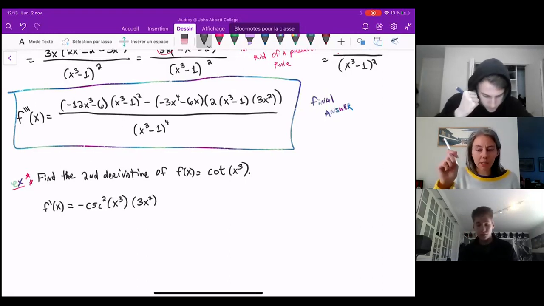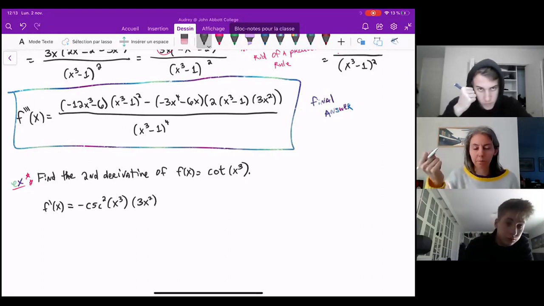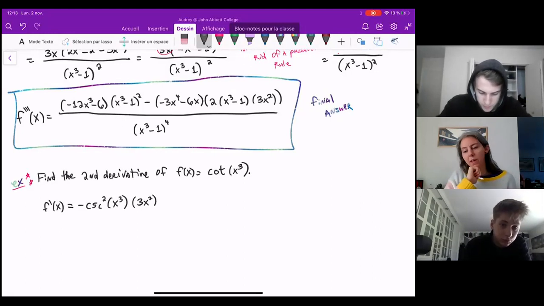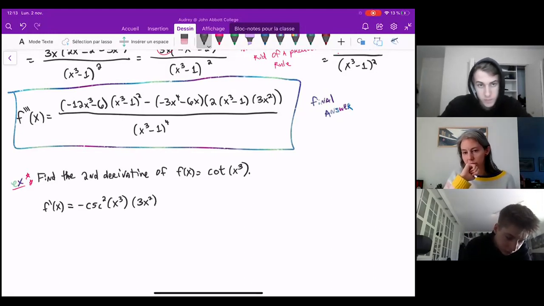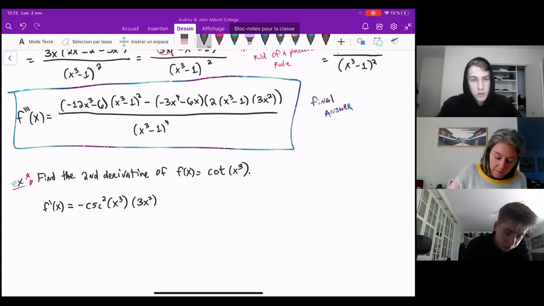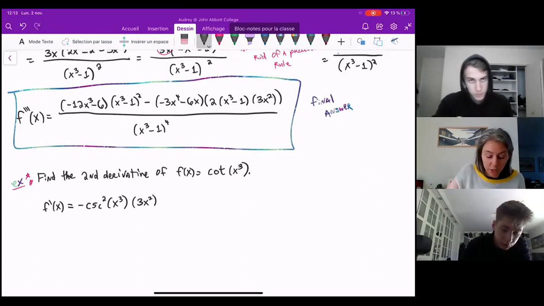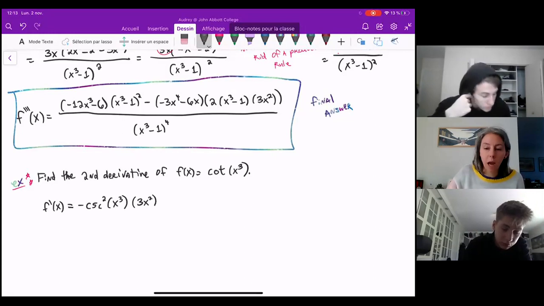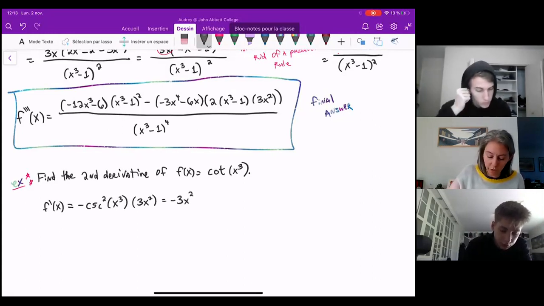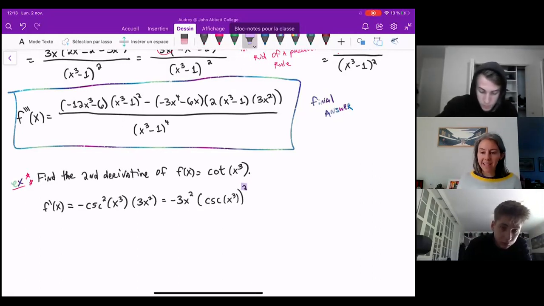Now, one of the main reasons I want to talk about this problem really quickly, can I multiply that x cubed by that 3x squared? No, because it's cosecant squared of x cubed times 3x squared. It actually makes more sense to move that 3x squared to the front. And because I'm taking another derivative, I'm going to move that power of 2 to the end.